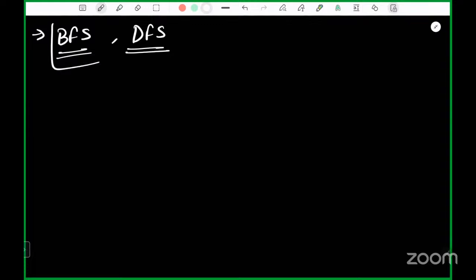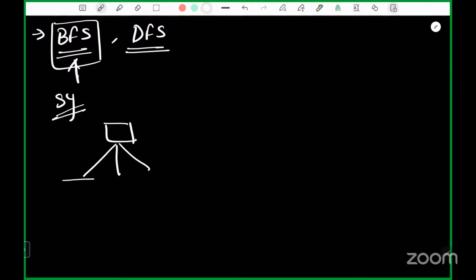Let's go to the BFS and DFS processes. What are these two processes or strategies? These are the strategies to answer the question of reachability. That means, is it possible to reach from one vertex to another vertex considering a path? These two processes answer that. BFS works in a very systematic way. We select one source vertex and explore the neighbors of that source vertex first.